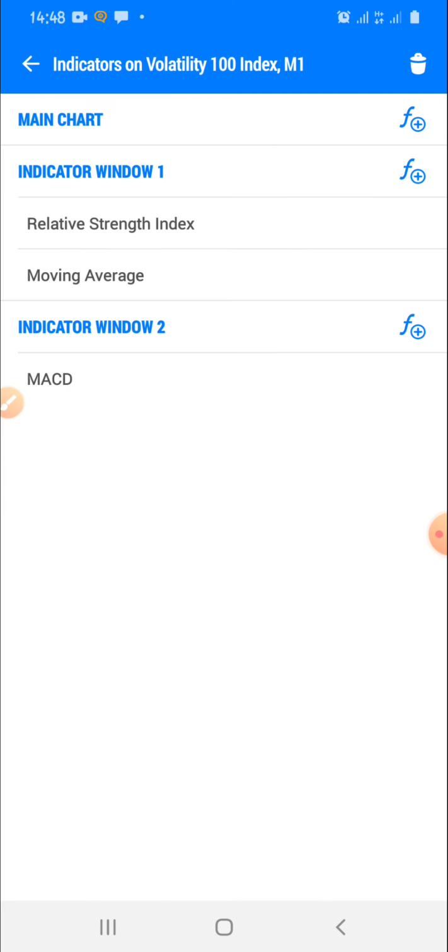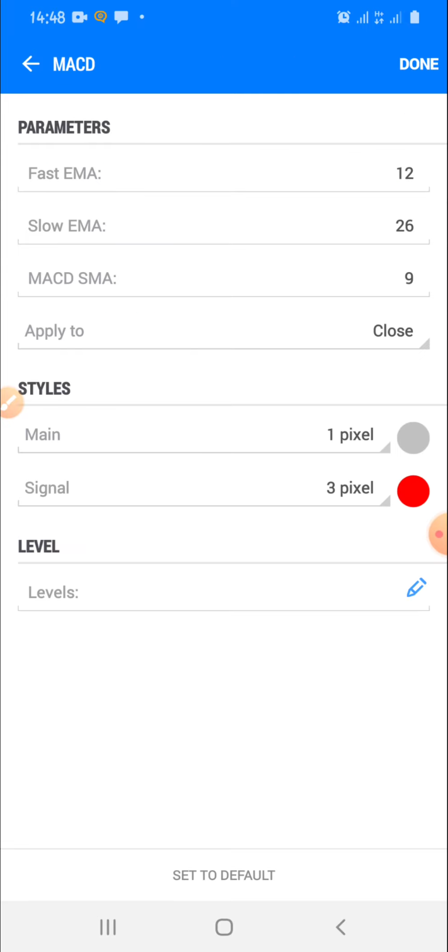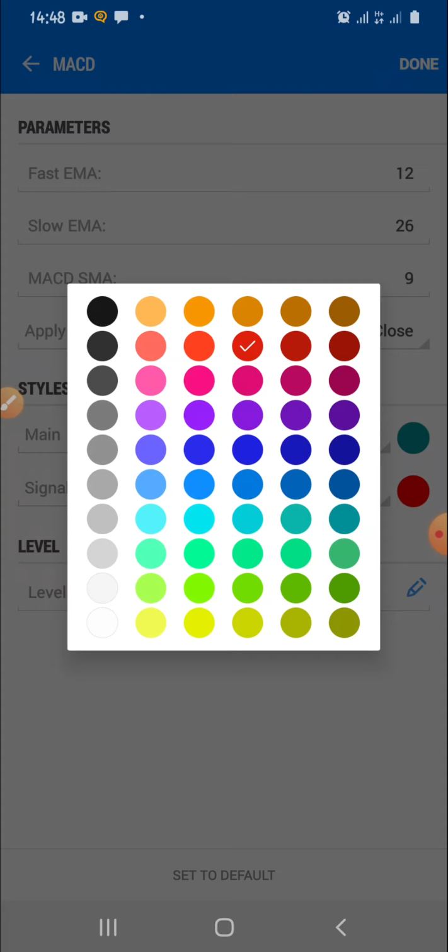Let's check the color here. The histogram should be green. The signal line should be green too.